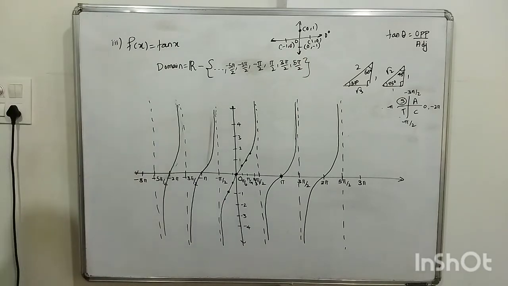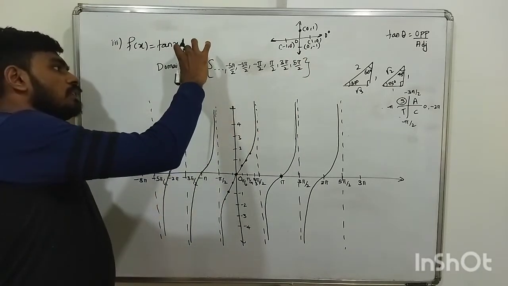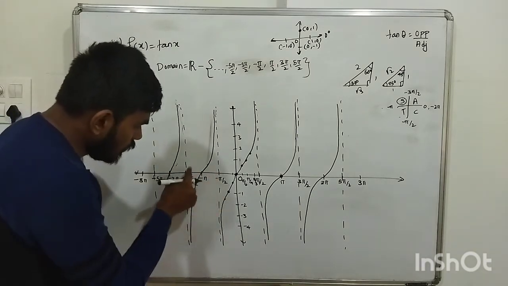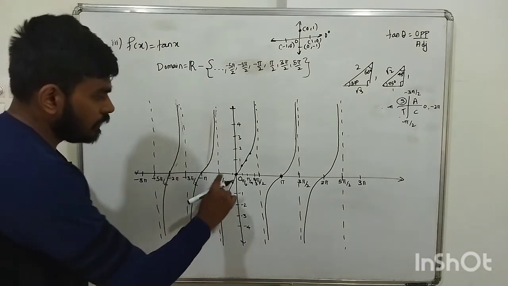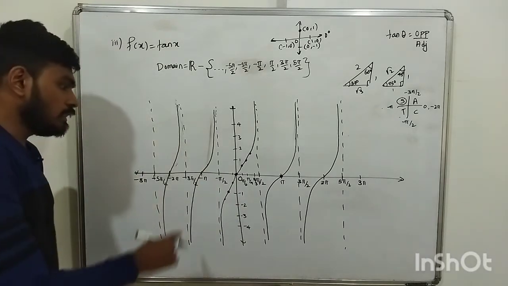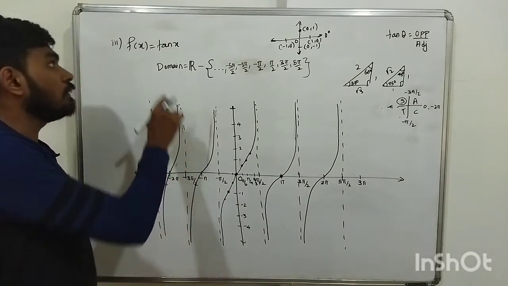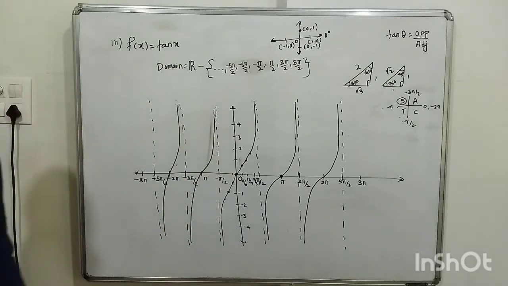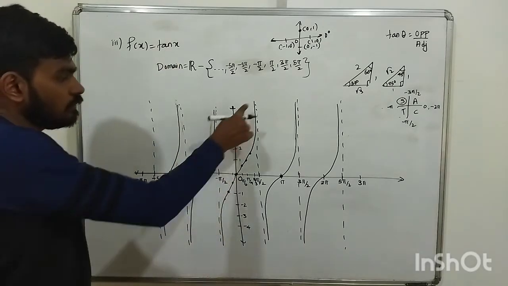Apart from this, all the values are there in the domain. For all the values in the middle, there is some value of f of x. But for these values there is no value of f of x.